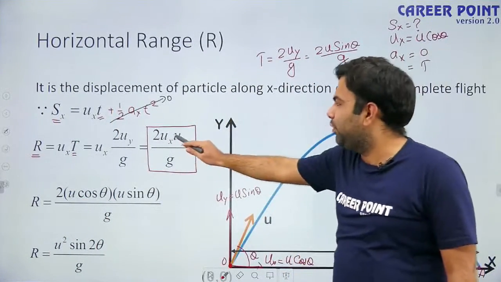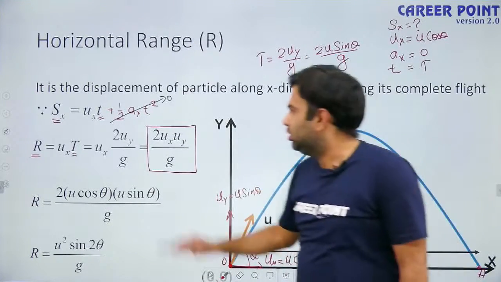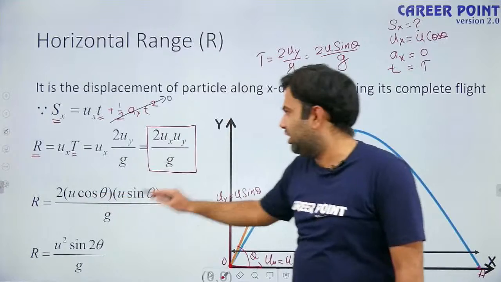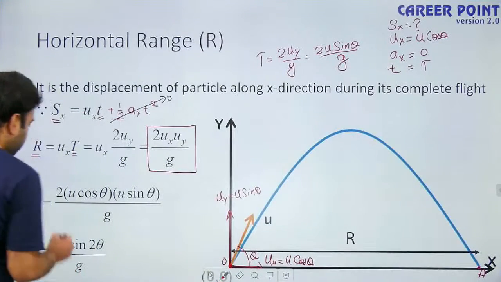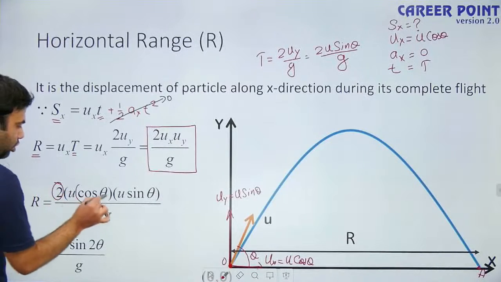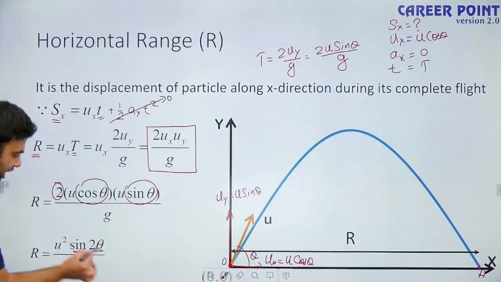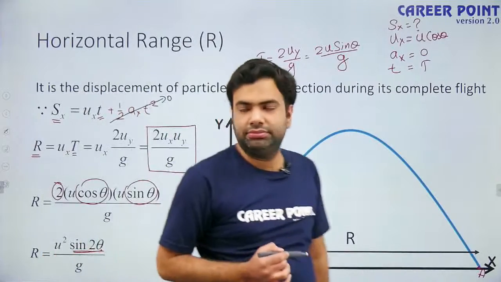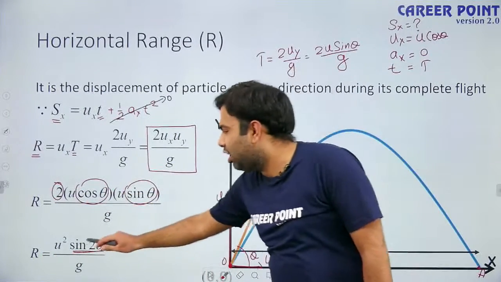Now put the value of ux and uy. What is ux? It is u cos theta. What is uy? U sin theta. So instead of ux, u cos theta, instead of uy, u sin theta. So what we got? This 2 into cos theta into sin theta is sin 2 theta. 2 sin theta cos theta is sine of 2 theta.